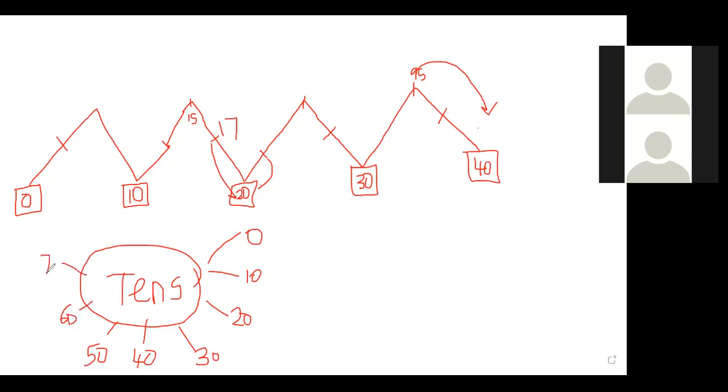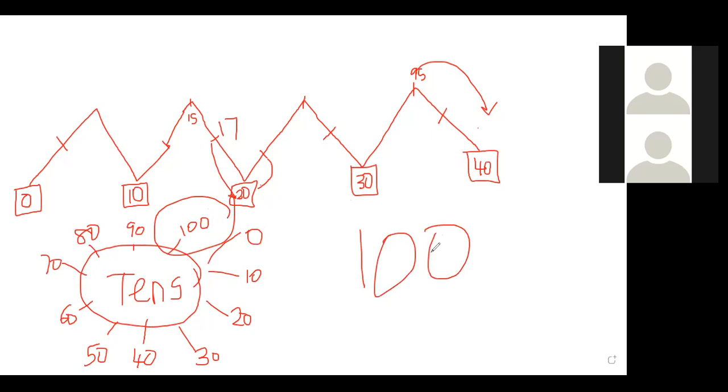You don't get any other weird answers. So when you're rounding off to tens, all your answers would be this, or you can even have 100. Because 100, let me tell you this, is actually 10 tens. Remember that. Okay, 100 is 10 tens.